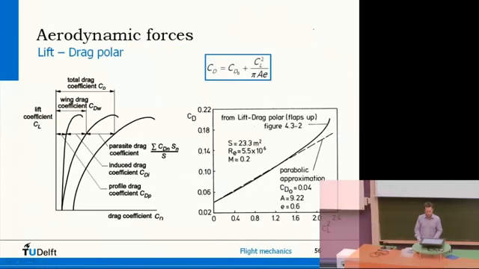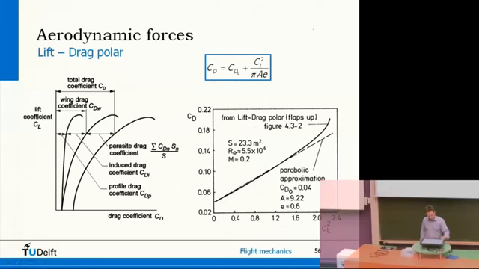Now this is all very nice, but let's look at it a little bit more closely. If you consider aerodynamic drag as a function of lift coefficient, then you can basically draw this equation.